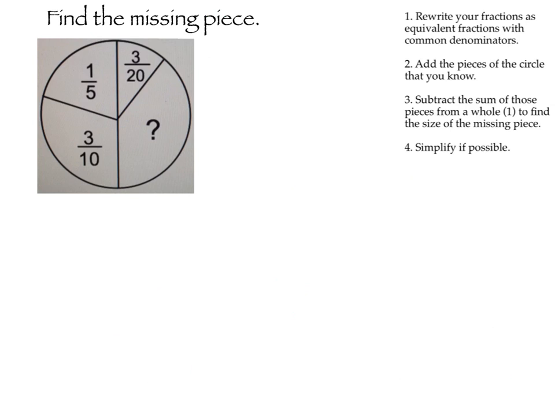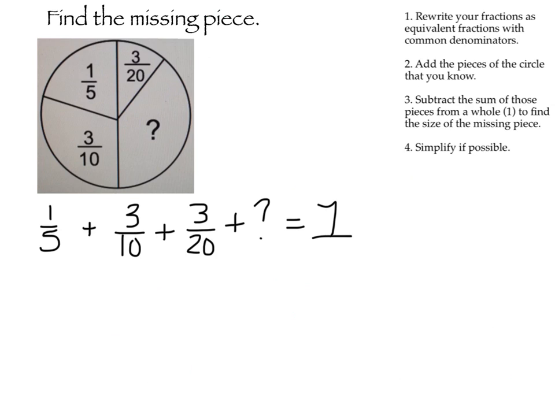Let's take a look at a final example before you move on to the practice problems. So in this case, we know 1/5 plus 3/10 plus 3/20 plus this unknown piece has to add up to 1. So our common denominators here, we're going to turn it into 20ths.